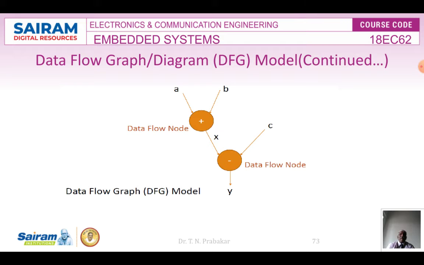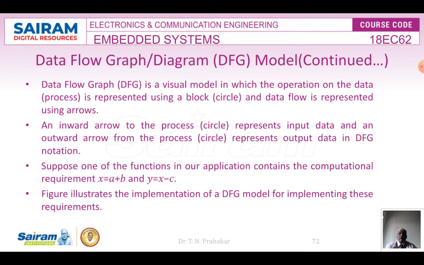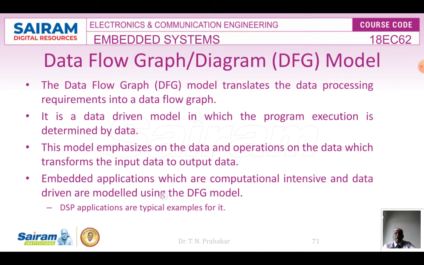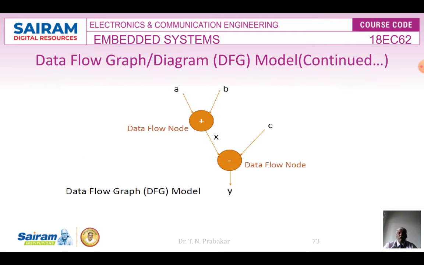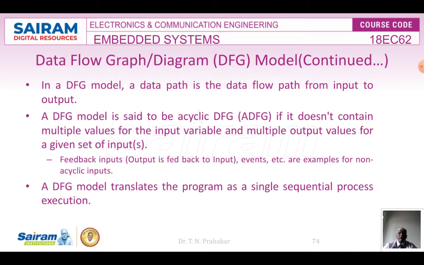So X and C are the inputs. The operation X minus C will be performed and the answer will be given to Y. So here you can see the two equations, X equal to A plus B and Y equal to X minus C. The same thing has been implemented using this particular diagram.